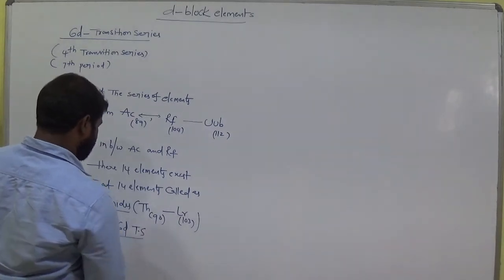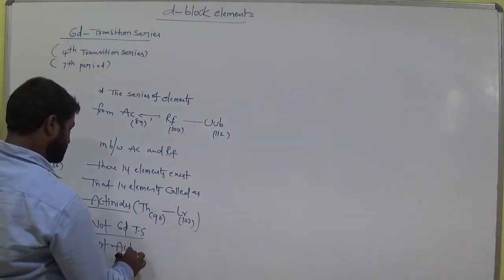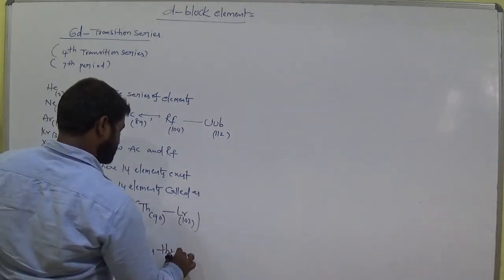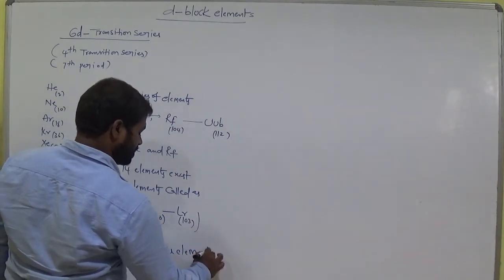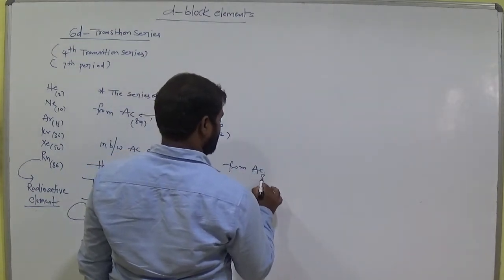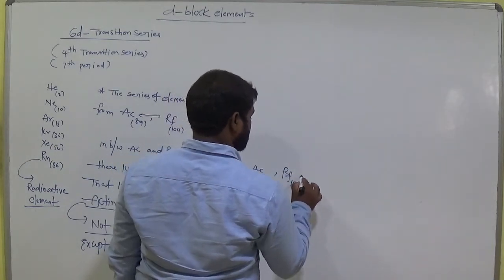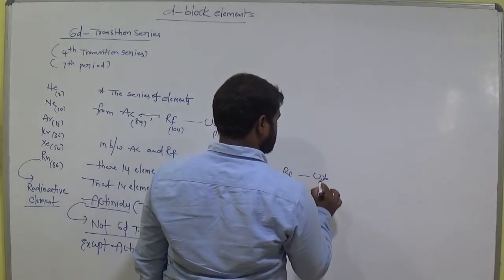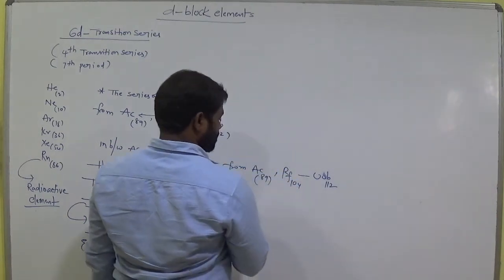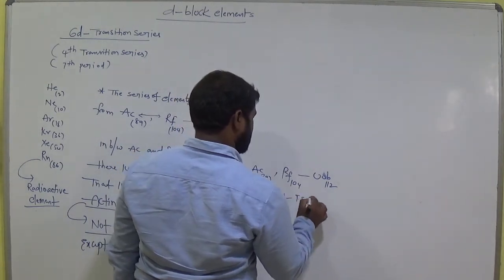These actinides are not part of the 6d transition series. Except for the actinoids, the elements from actinium and Rutherfordium to UUB, that is 112, are called the 6d transition series.